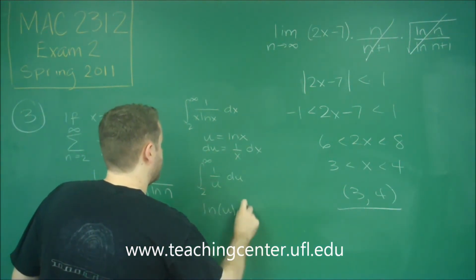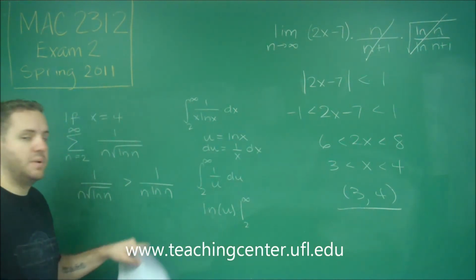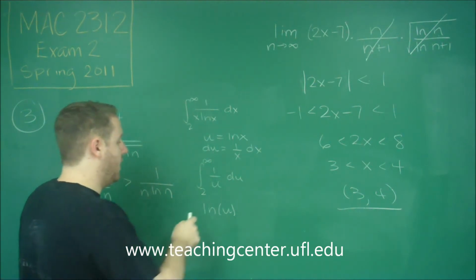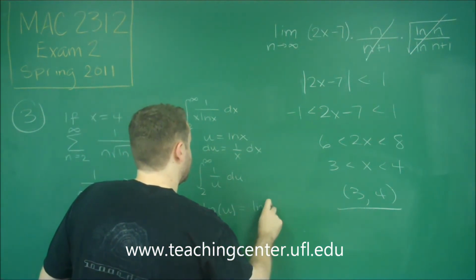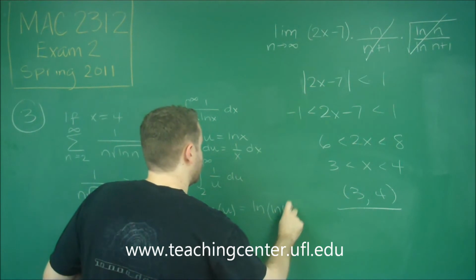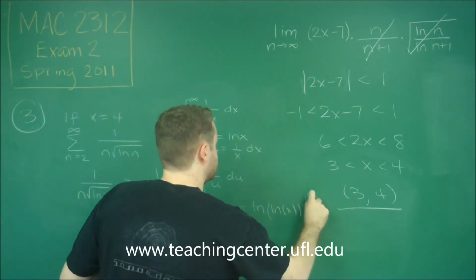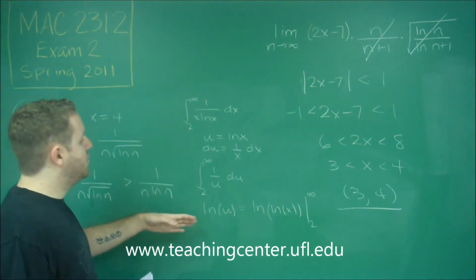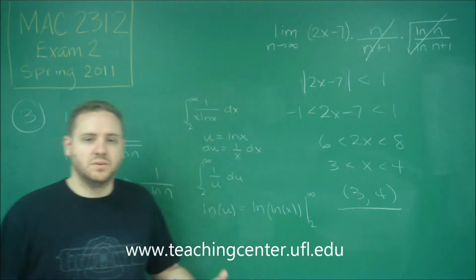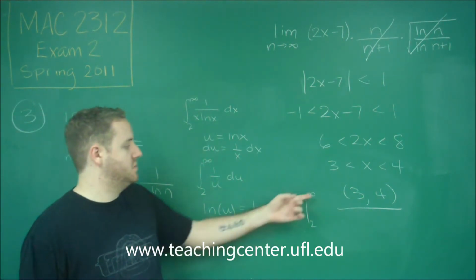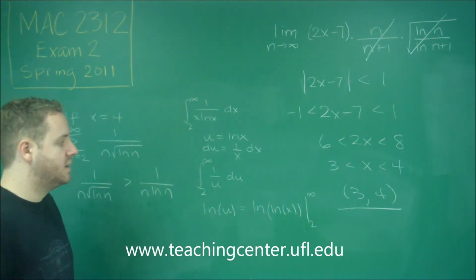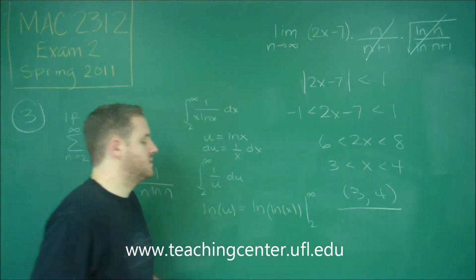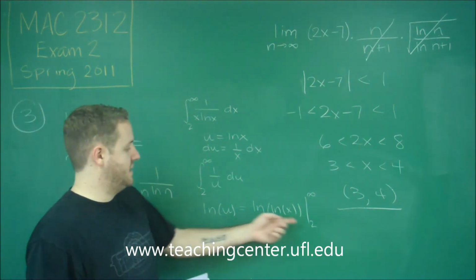So we're evaluating that from 2 to infinity, but we have to plug back in for u before we do that. So you get ln u, which is ln of x, and we're doing that from 2 to infinity. Or if you like, it's 2 to t, limit as t goes to infinity, but it's implicit here that we're doing the limit when we talk about the infinity. The limit as x goes to infinity of ln x is infinity, and then the same thing applies for that.